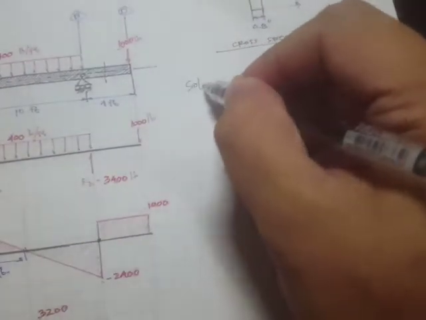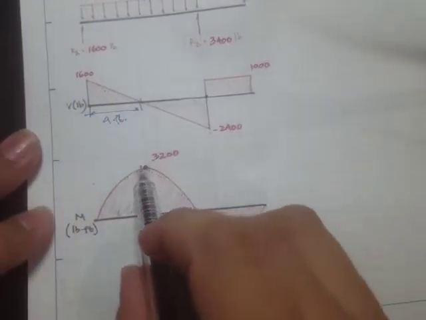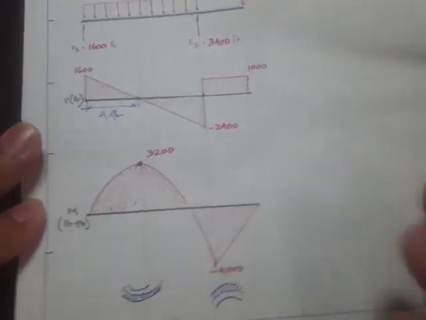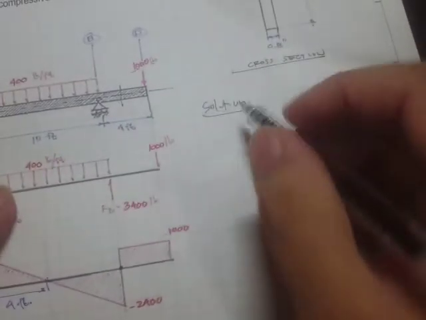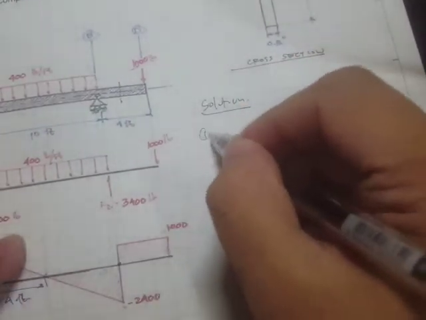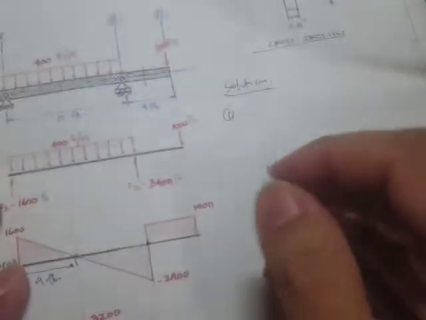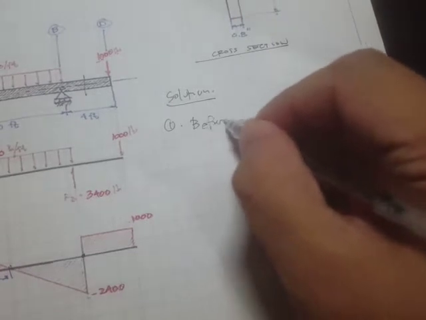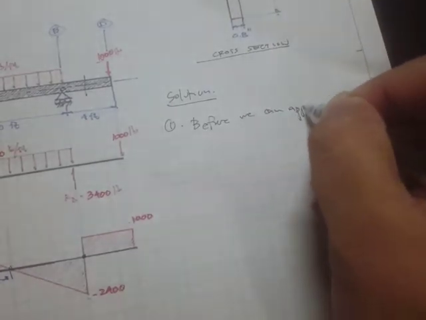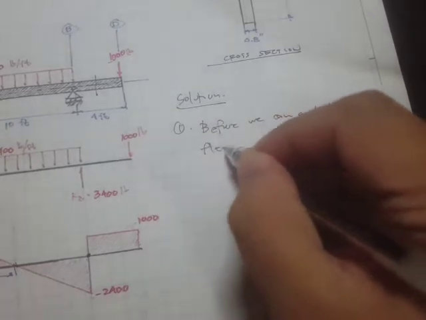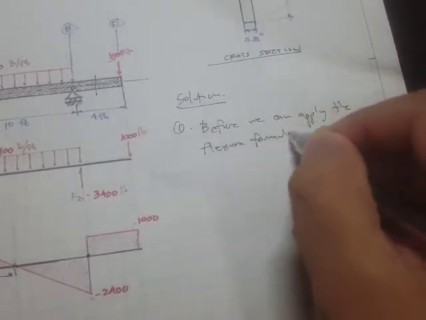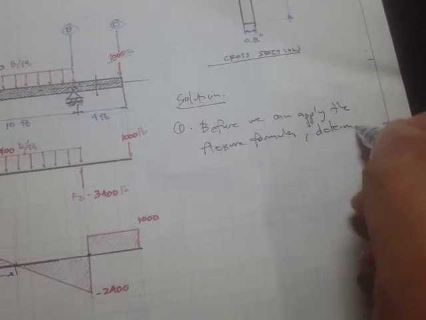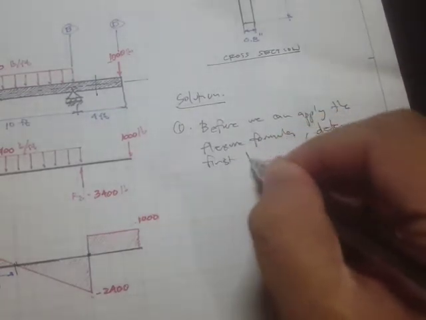So first step, since we have the maximum moment right here, 3,200 pound-feet, and a negative 4,000 pound-feet, we have the internal forces. Then, before we can apply the flexure formula, let's write it here: determine first the centroid.